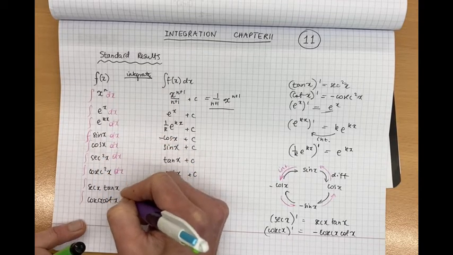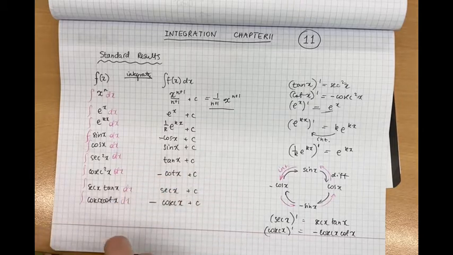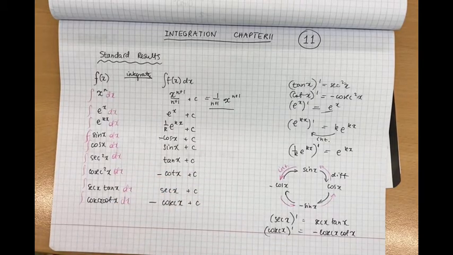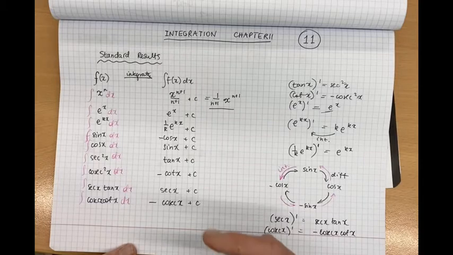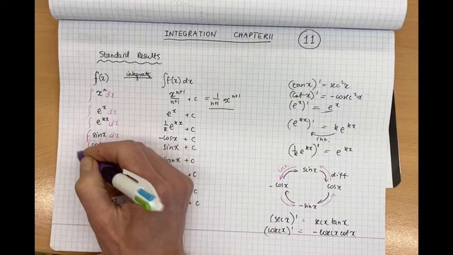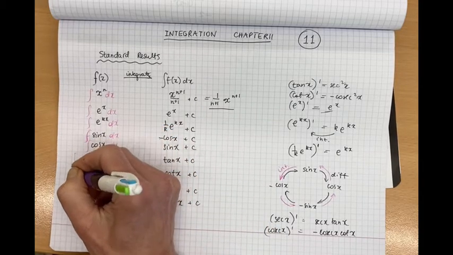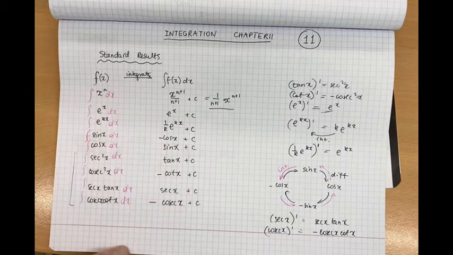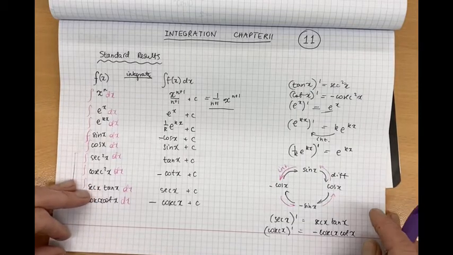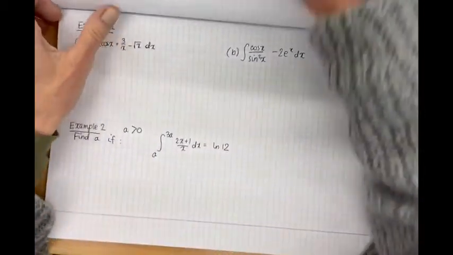Some of them are listed in the formula booklet, so you can find them under differentiation if you know how to reverse the process, and some of them will be under integration. So you've got these 4 at the end listed in the formula booklet. So let's move on to example 1 of this chapter.